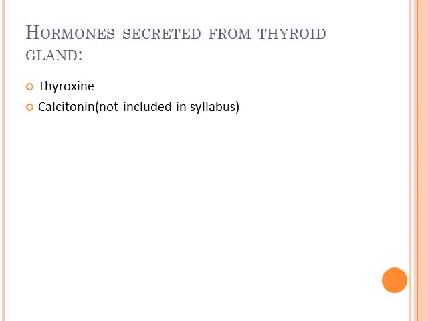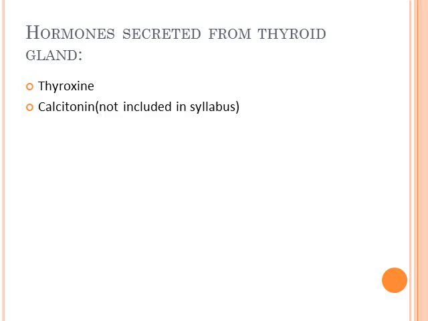In this slide I will discuss the two main hormones secreted from the thyroid gland. The first, or main one, is thyroxine. There is another hormone, calcitonin, which is also secreted from the thyroid gland, but for class 10 students it is not in your syllabus. You will be studying it in higher classes.